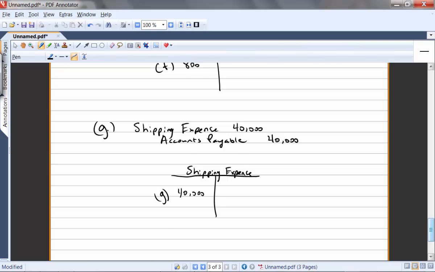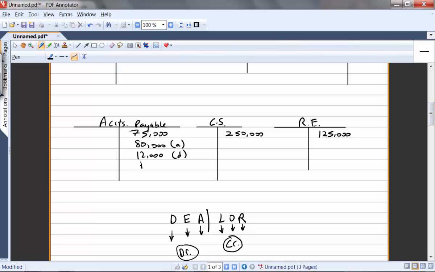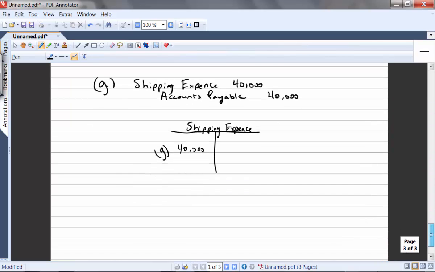And then accounts payable we increased by $40,000. And that takes us through part G.